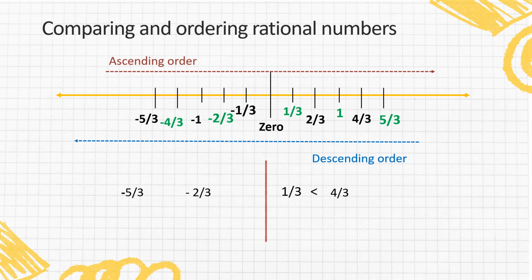Take care of the sign. Negative 2/3 and negative 5/3, which is greater or smaller? Tell me, math champions. Excellent. Minus 2/3 is greater than minus 5/3.